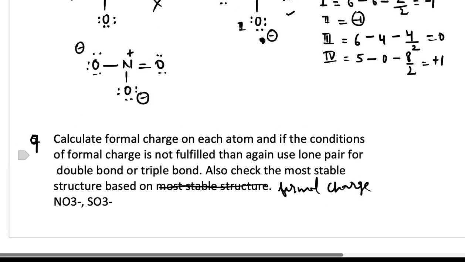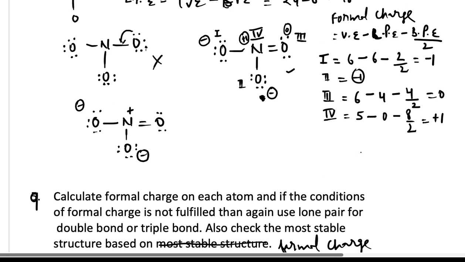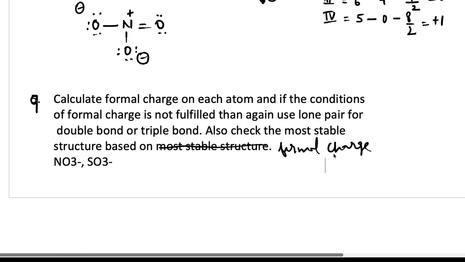So the same example I have already explained. So I'll take one more example to show this. Maybe the sulfite ion. Okay, nitrate ion I have already explained. I'll just explain another example, the sulfite ion.